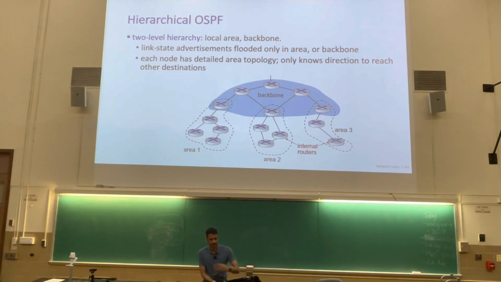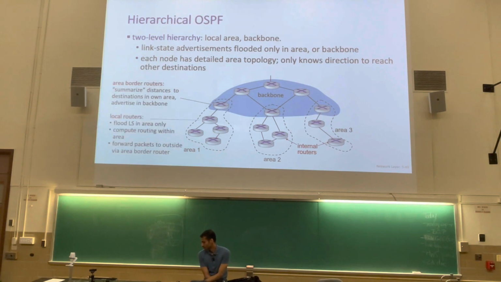So with this hierarchy, the n in each region or the backbone becomes much smaller. So the total complexity becomes n1 squared plus n2 squared plus n3 squared, and so on, instead of (n1 plus n2 plus n3) the whole squared. They're using hierarchy to address scale in practice, and OSPF has support for this kind of area summarization and a separate backbone routing protocol. But they're all using Dijkstra's algorithm, so that's the conceptual essence of what's happening. They're all global routing protocols.